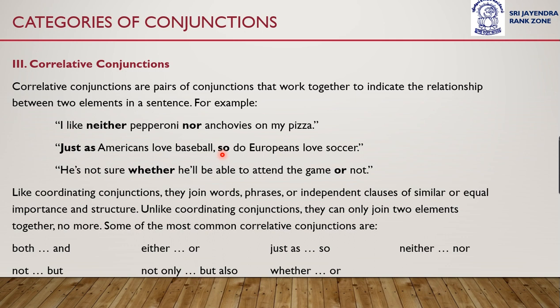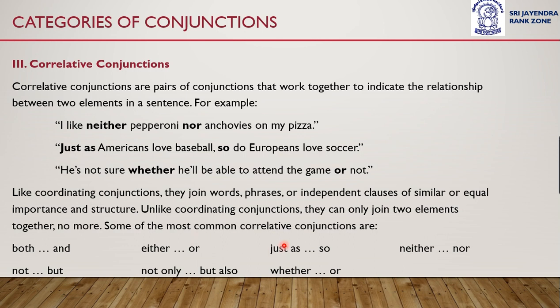So in that sentence, the coordinating conjunction "and" was combining three different elements, but correlative conjunctions can only establish a relationship between two elements. All right.